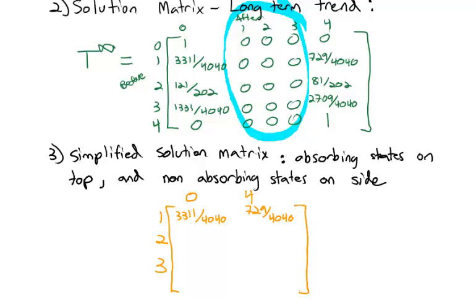The probability we go from 2 to 0, absolute ruin, is 121 at a 202. And from 2 to 4 was 81 out of 202. From 3 to ruin is 1331 out of 40-40. And from 3 to absolute gain, we just have to win one game, is 2709 out of 40-40.